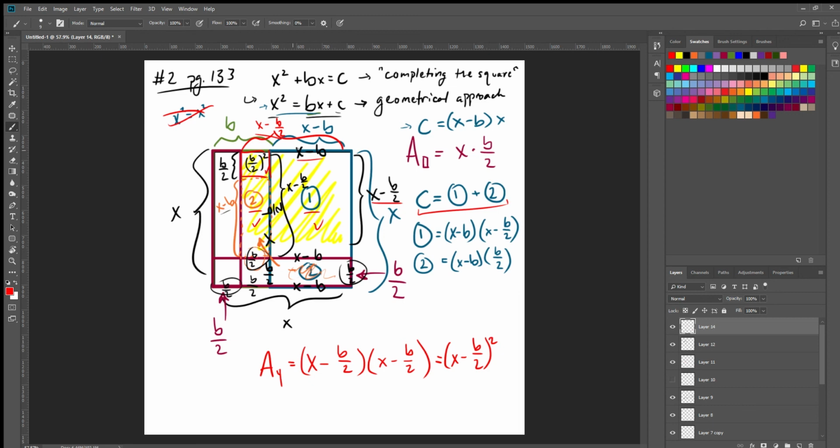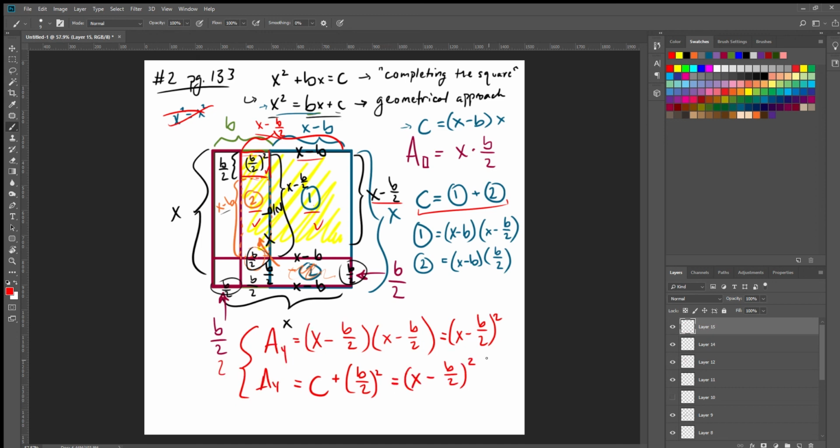But without using the dimensions, we know the areas of region 1, 2, and this little red square as well. Region 1 and 2 is c, and then the third region is b over 2 squared. So now we have the area of the yellow square represented in two equations. So let's just set them equal to each other.